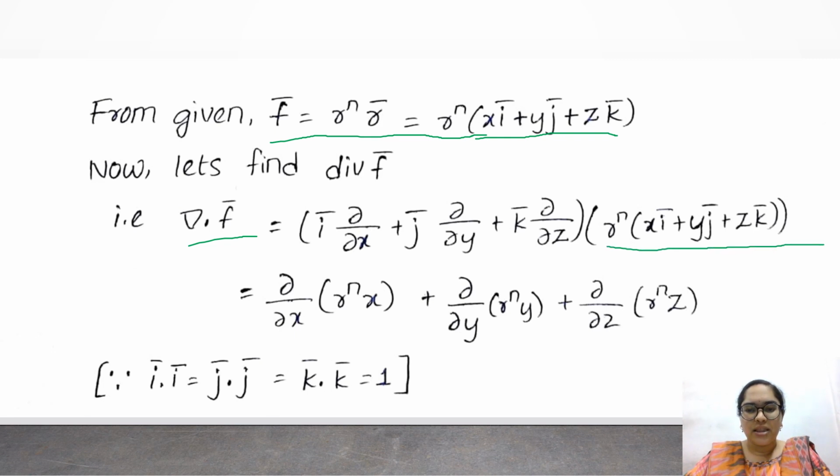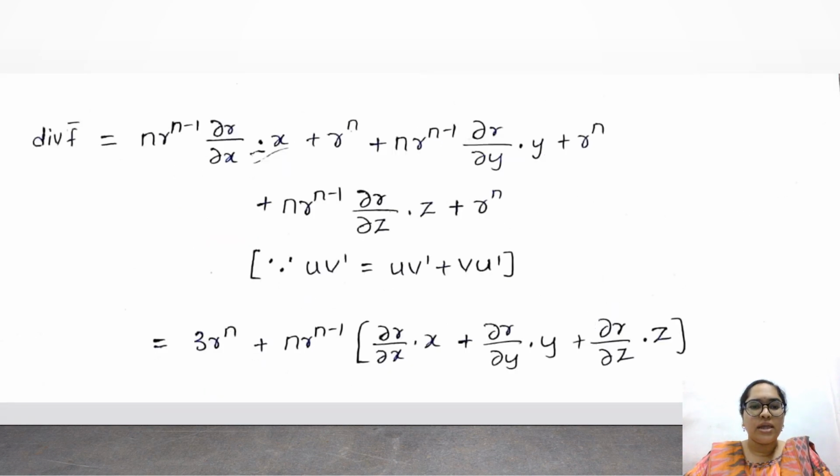We multiply these two, and from the vector properties, i bar dot i bar, j bar dot j bar and k bar dot k bar are each 1. So we get dou by dou x of r power n into x, plus dou by dou y of r power n into y, plus dou by dou z of r power n into z. This is nothing but the u into v formula, so we apply the uv formula.